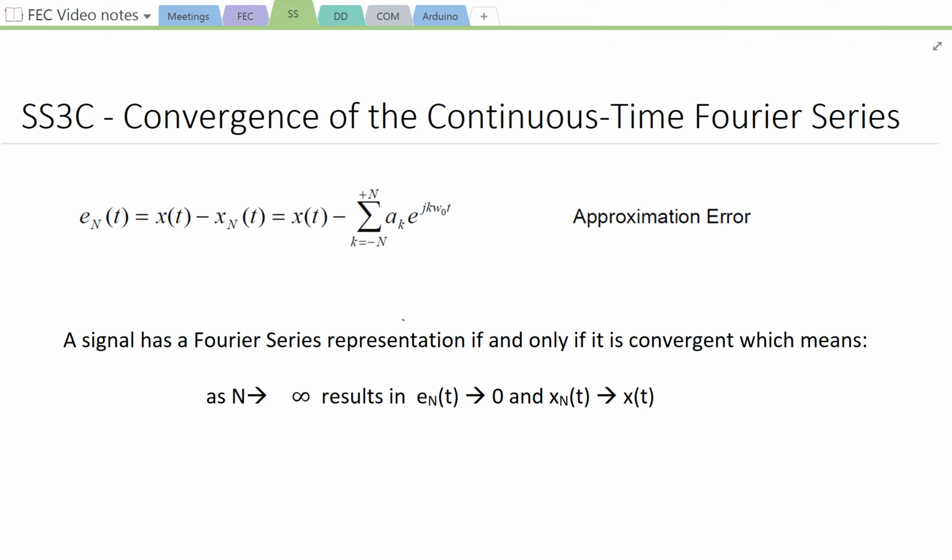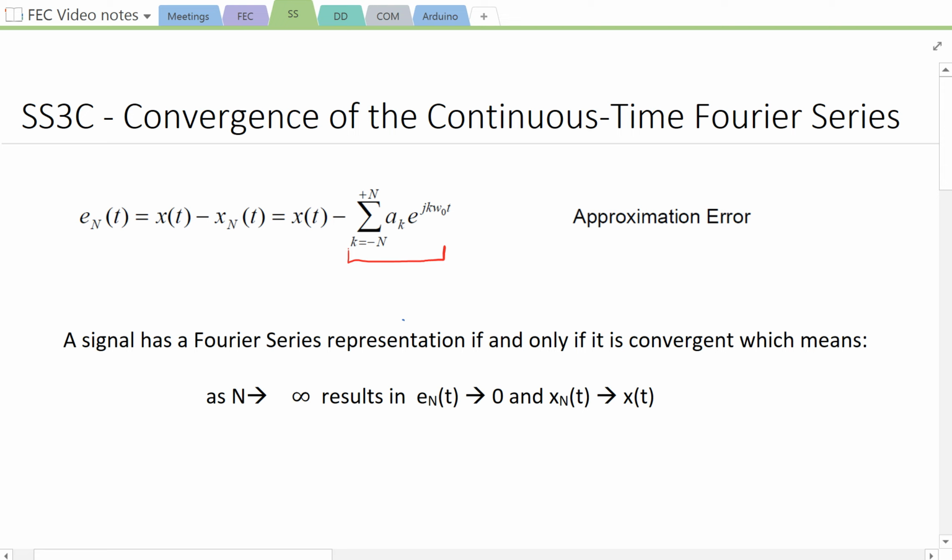The basic idea of convergence is that if we have a Fourier series, in this particular case, as it's represented, this is a Fourier series approximation. If n was infinite, this summation would give us exactly x of t.